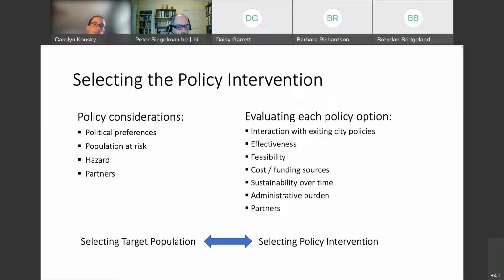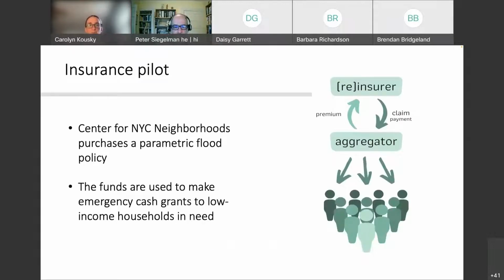Other things we heard were just not going to work for various types of reasons, institutionally, politically, and some just didn't seem cost effective. So we eliminated a bunch of those options, and ultimately zeroed in on this model, which is what we're piloting, with the Center for New York City Neighborhoods, which is our partner.